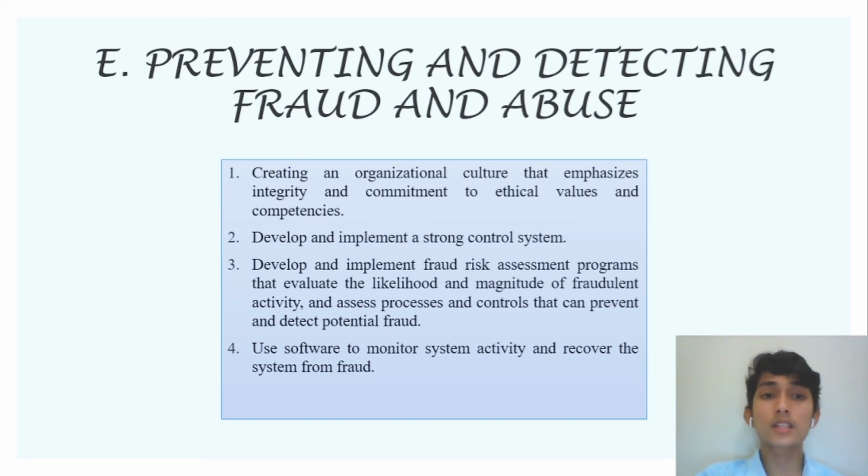And number three is developing and implementing fraud risk assessment programs that evaluate the likelihood and magnitude of fraudulent activity and assess processes and controls that can prevent and detect potential fraud, and using software to monitor system activity and recover the system from fraud.